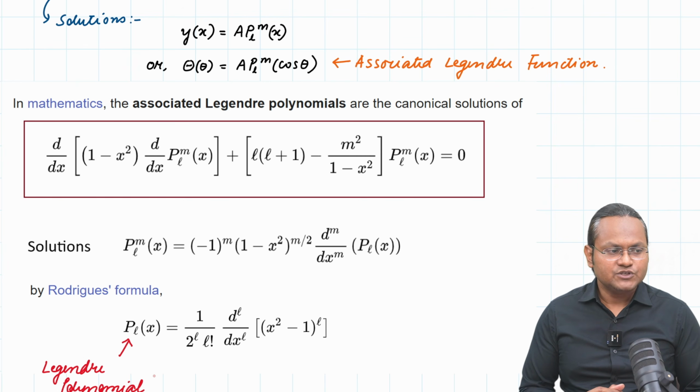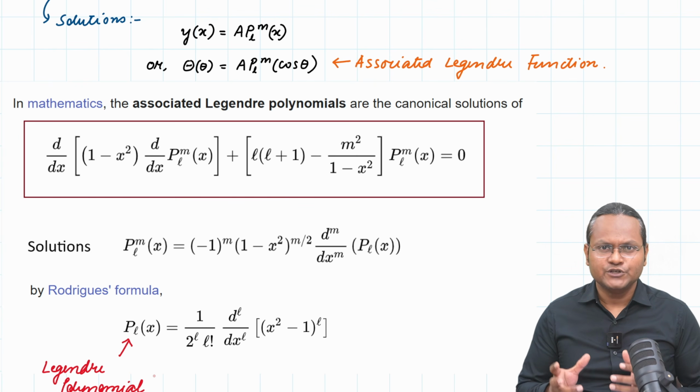Now, I would like to spend a little bit of time trying to understand the mathematical solution as well as the graphical solution to this particular equation, because that will give us an intuitive idea of how the orbital shapes of the hydrogen atom actually end up arising in our final solutions.